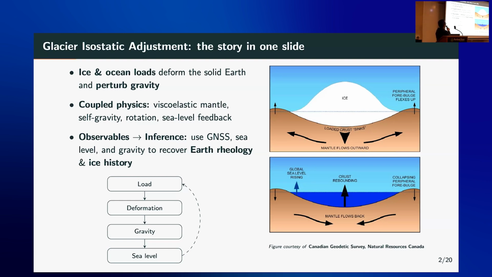Just imagine that when the ice and ocean loads of the Earth change, it will deform our solid Earth, and then the gravity field will change because the density distribution has changed. As a consequence, the gravity field will have a primary effect on sea level distributions.